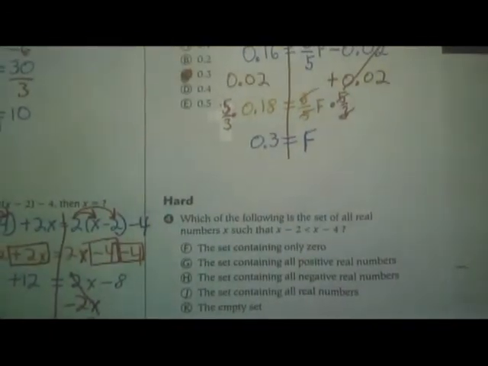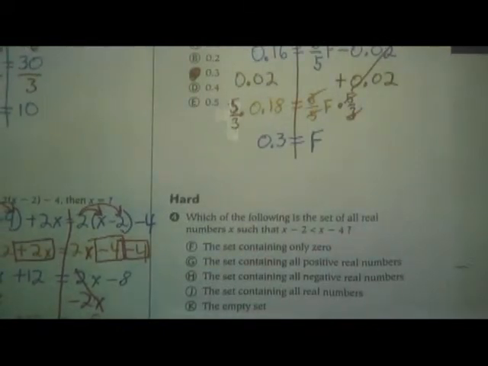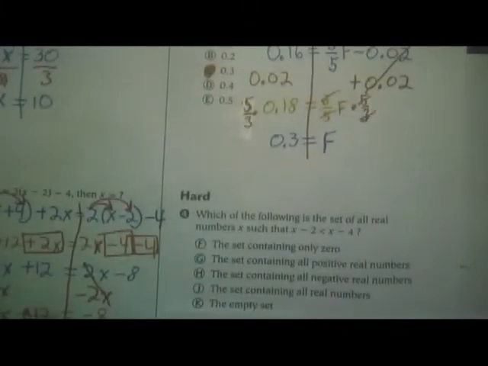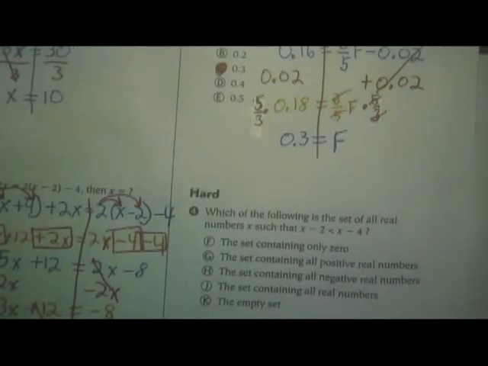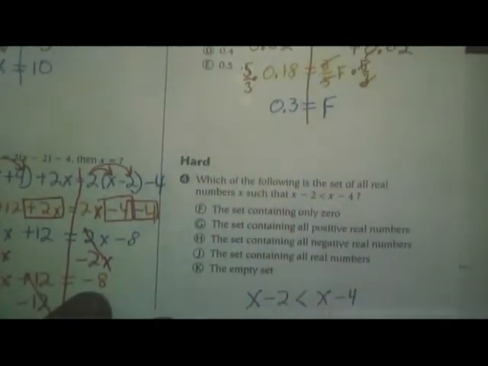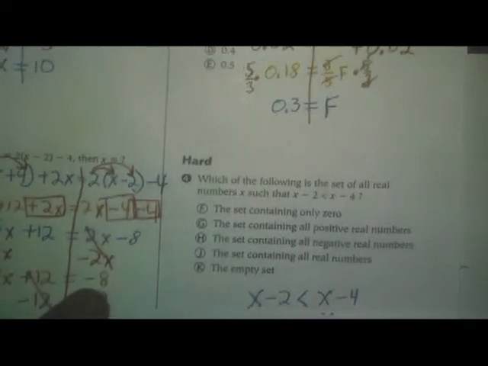In our final example, we're asked whether x minus 2 is less than x minus 4. And if we don't see it right off, you can set up your equation. x minus 2 is less than x minus 4.